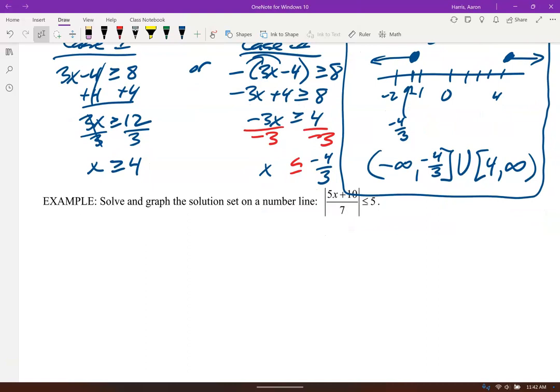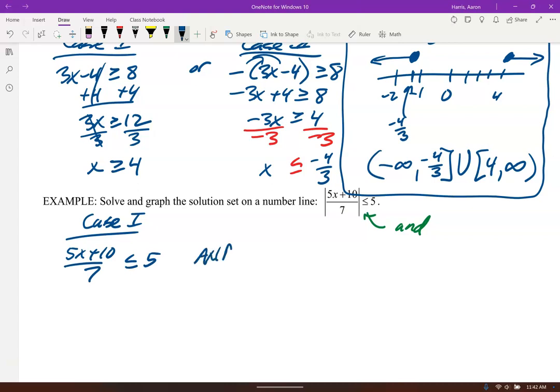But notice this is a less than or equal to, so this will be an and inequality, meaning they both have to be true. So case 1, let's drop the absolute value. And then let's put a negative in front of the other side for case 2. Let's go ahead and solve both of these.